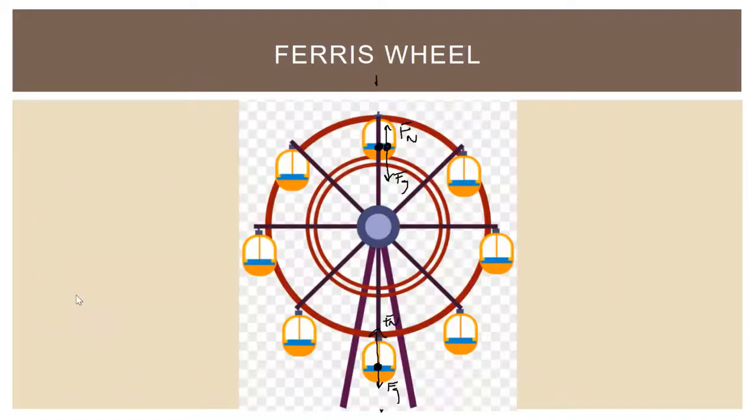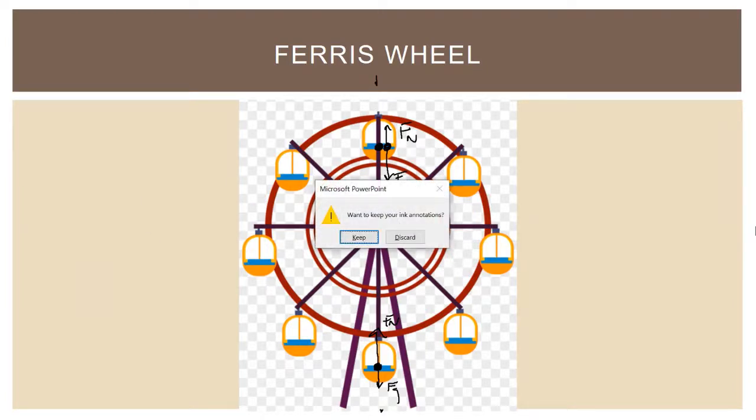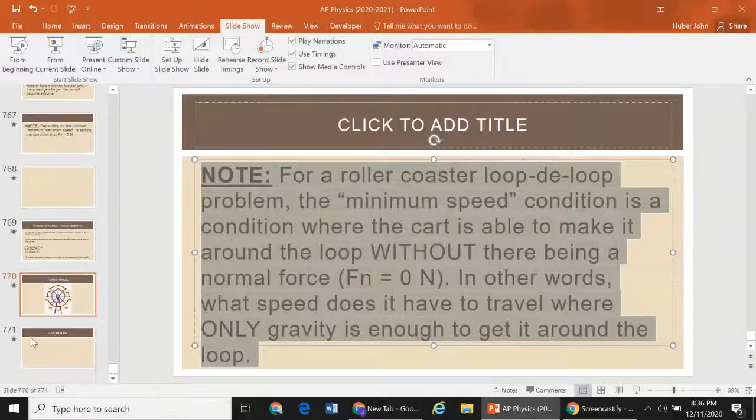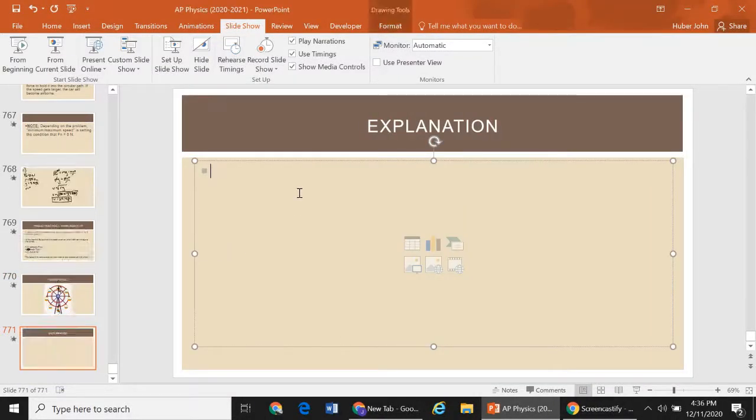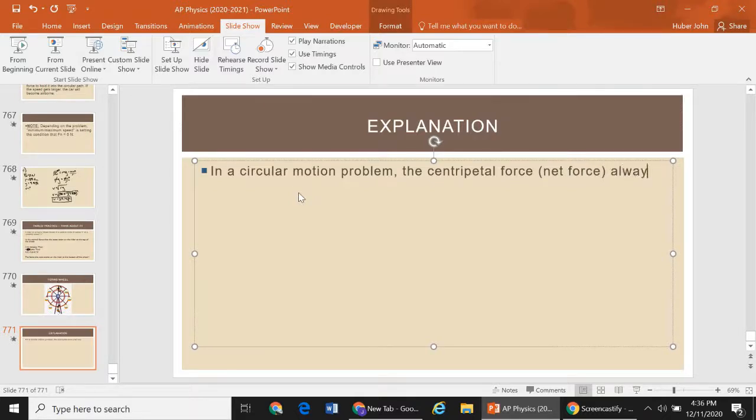Let's talk about the explanation here, and this will be the last thing we'll do for today. So the basic idea here, in terms of explaining this, is all about talking about the net force. In a circular motion problem, the centripetal force, net force, always points toward the circle center.